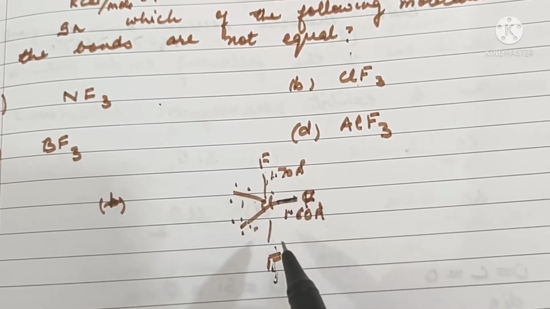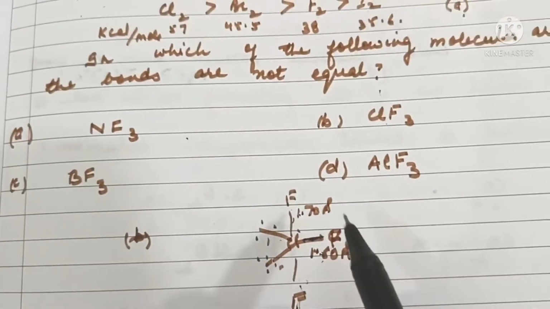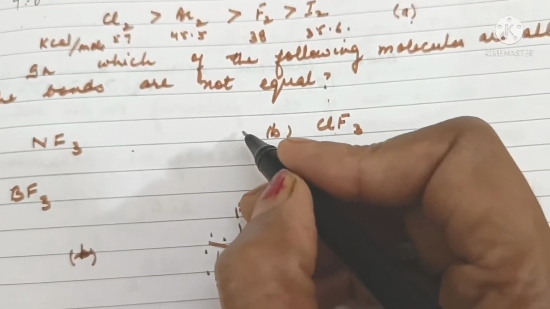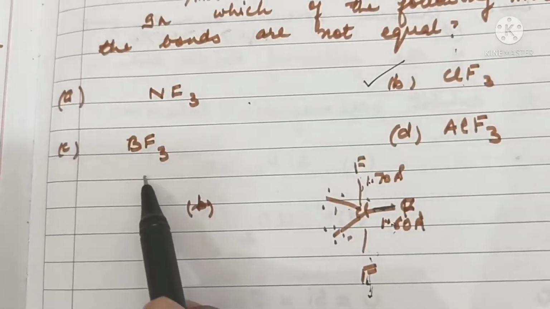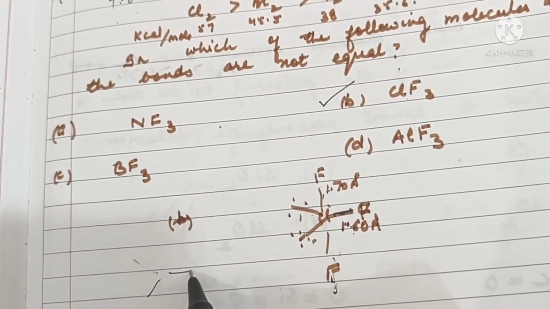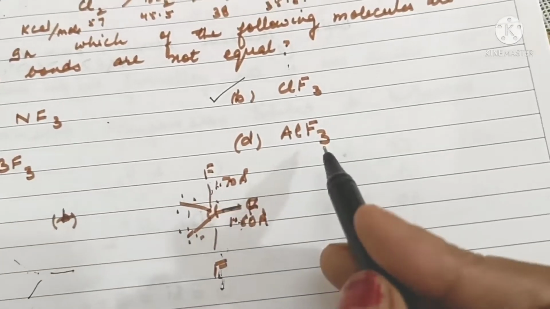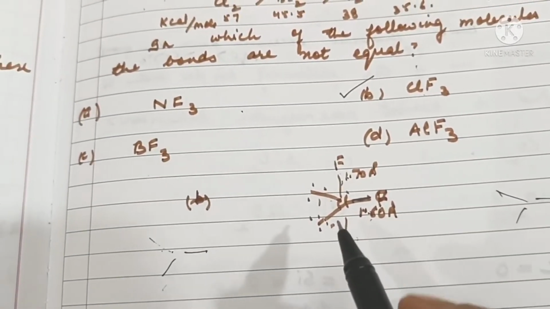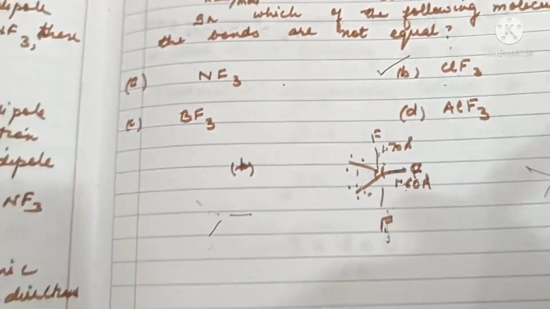So axial are longer than the equatorial bonds, so bonds are not equal in ClF3. BF3 is triangular planar, so equal bonds. So this does not have equal bonds.